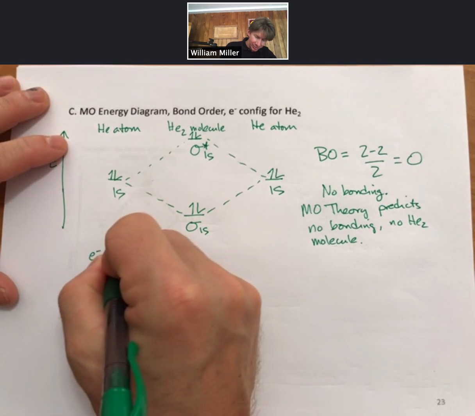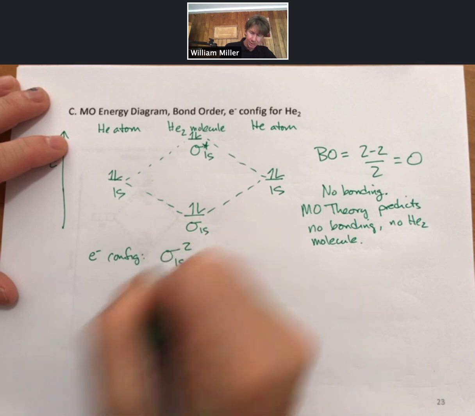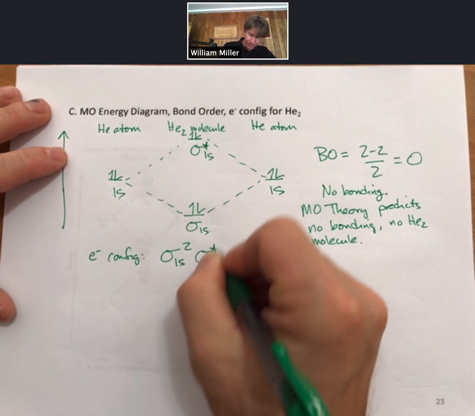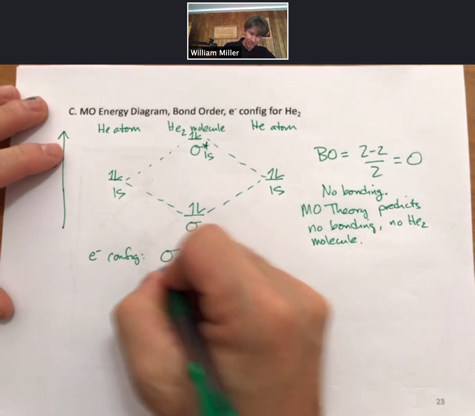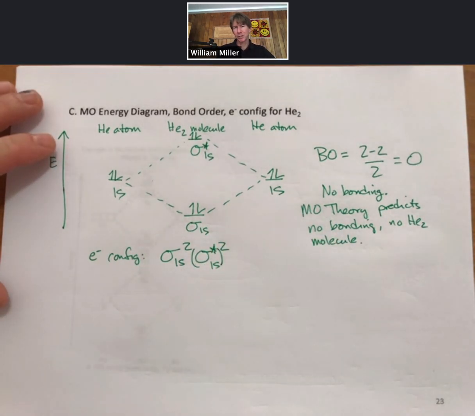The electron config would be sigma 1s2, sigma star 1s2, and you can put things in parentheses if you'd like, so you can separate the asterisk from the 2.